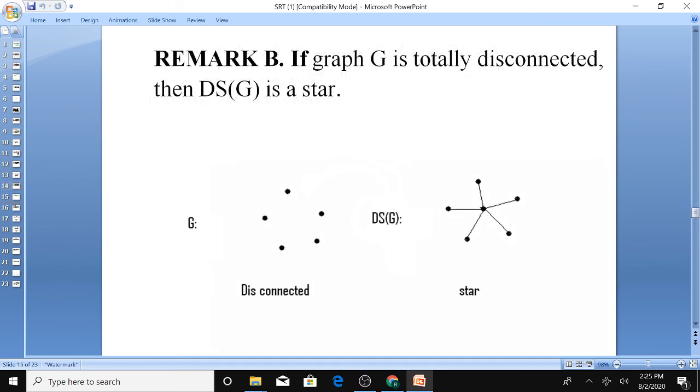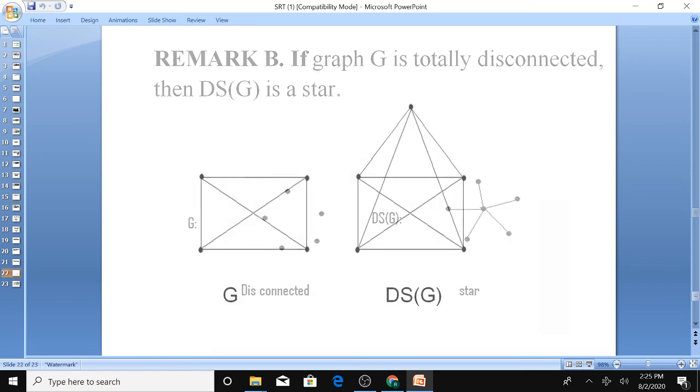So here G is a totally disconnected graph, but the degree splitting graph of a totally disconnected graph is a star because all the vertices are of degree 0. So we take one new vertex and we join that vertex to all the points. So it is a star.